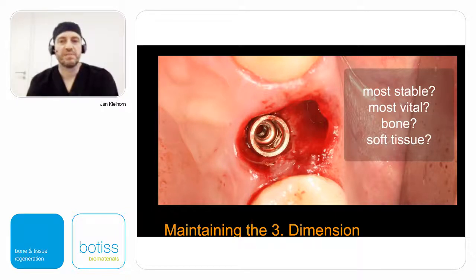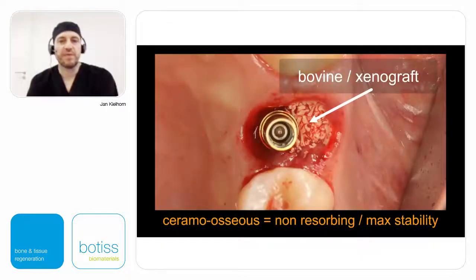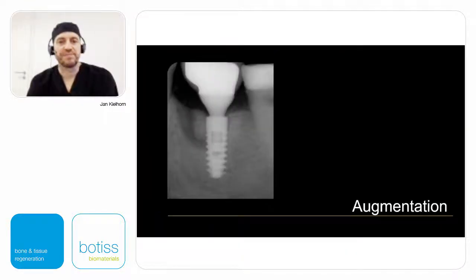Therefore we want a material that is not resorbing, that does not necessarily need to be loaded in order to keep the functional height, and therefore in this indication, for example, we would use xenograft material, because that is ceramo-osseous, non-resorbing, and it gives you the maximum stability. So in this indication, of course, xenograft material has a big advantage.